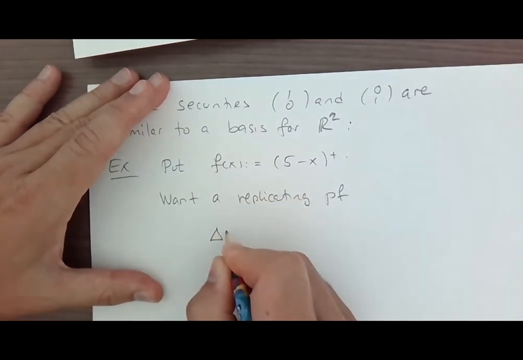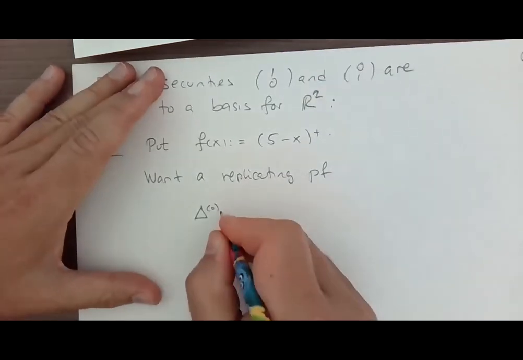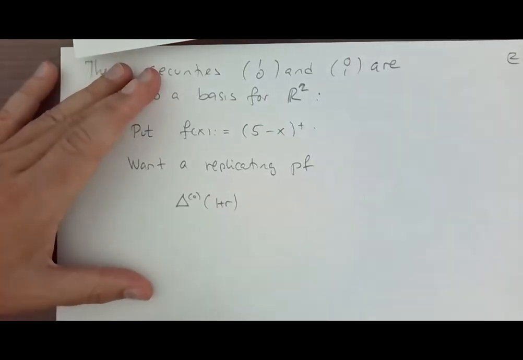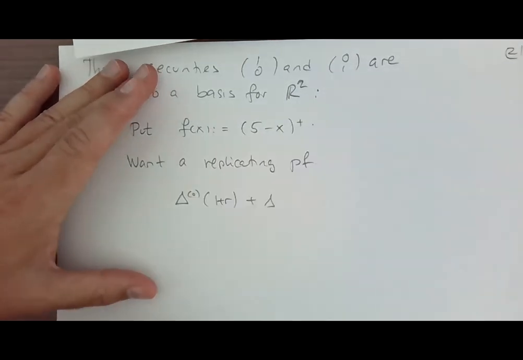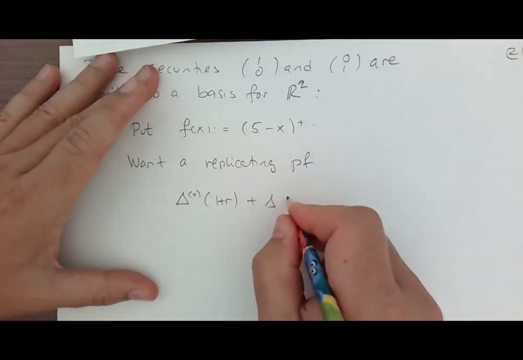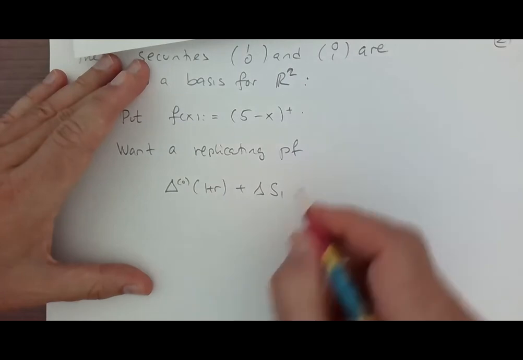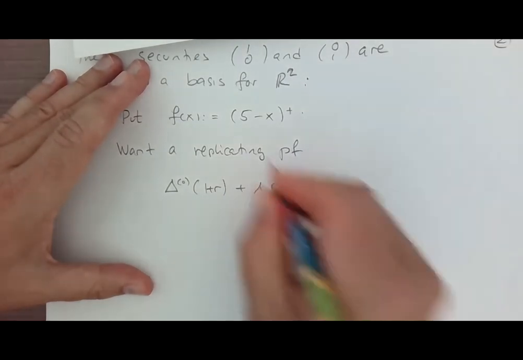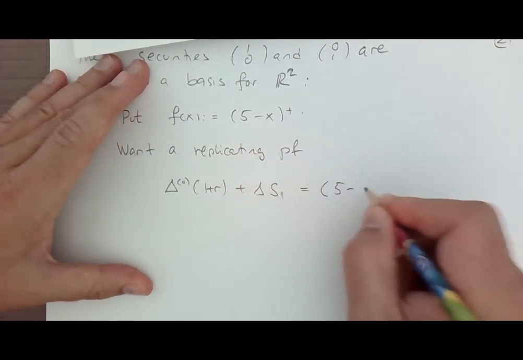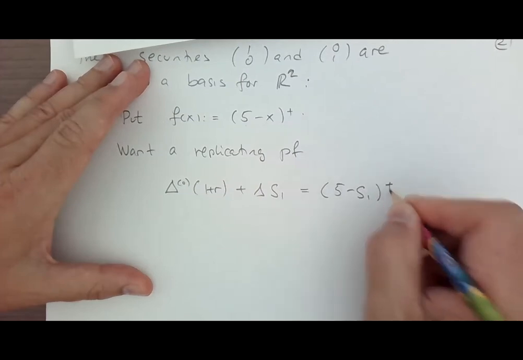So we want delta naught times 1 plus R plus the investment in the bank. This was an investment plus the investment in the stock. So this was S1. We want this to be equal to 5 minus S1, positive part.